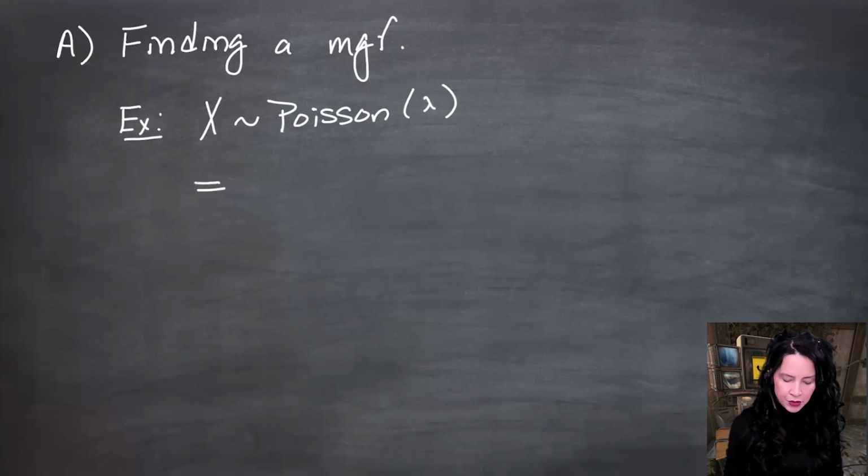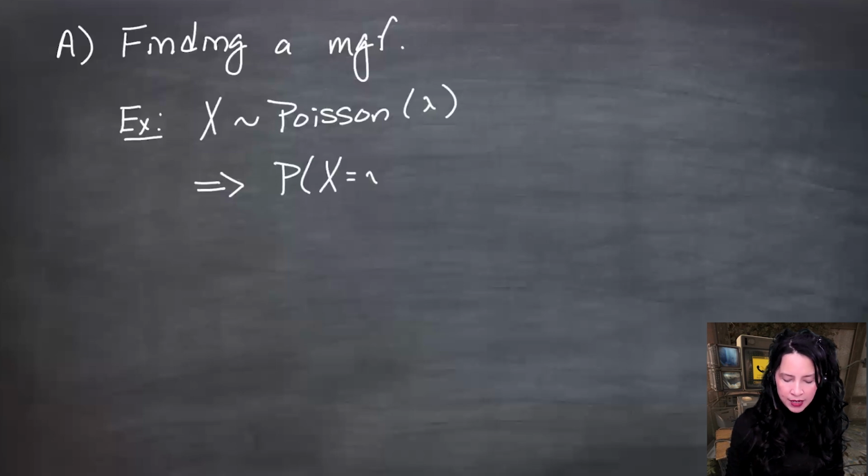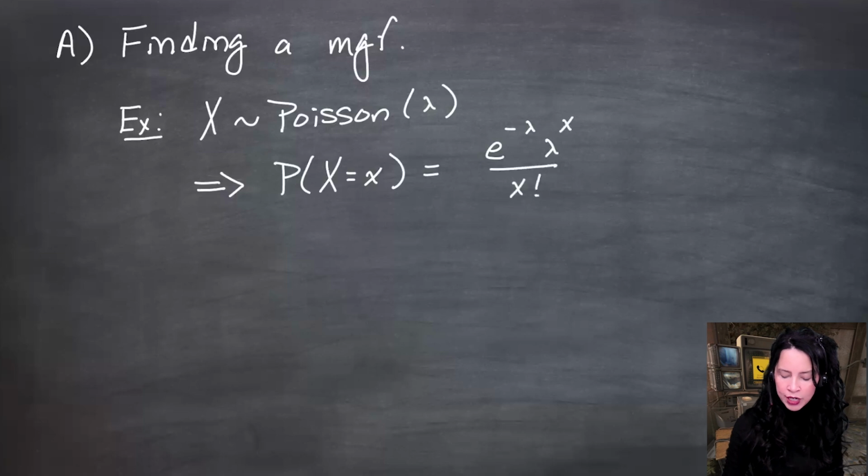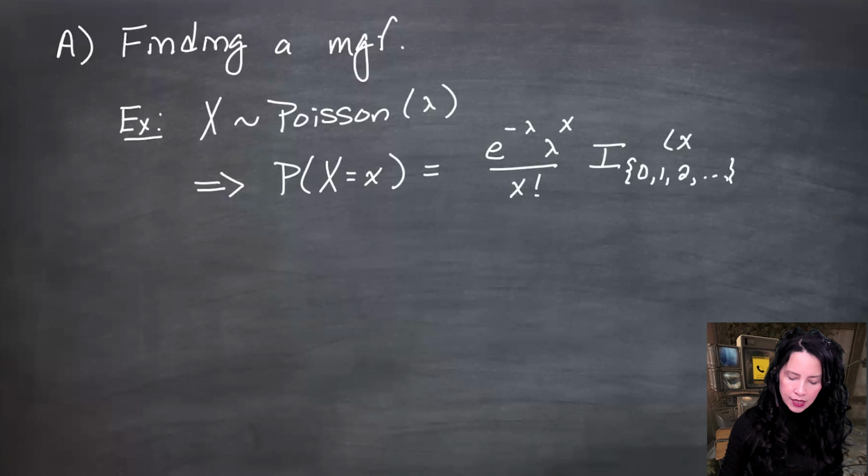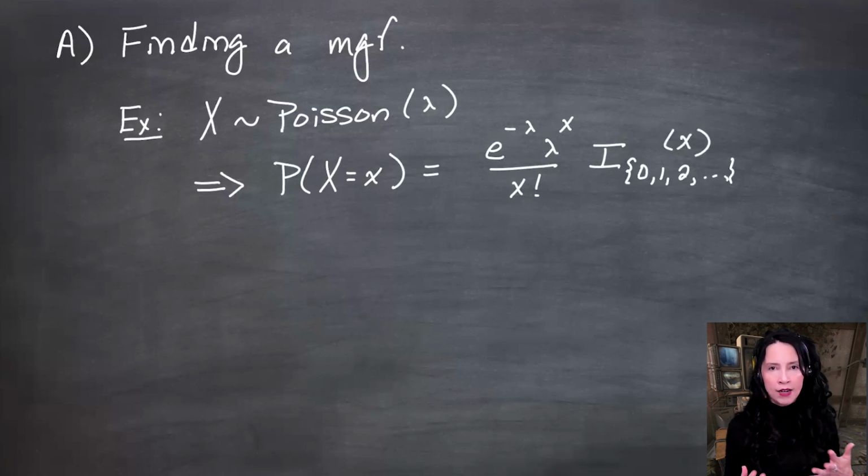This is a discrete distribution, and the probability that X equals some x is e to the minus lambda, lambda to the x over x factorial, and this lives on the discrete set 0, 1, 2 on up. So it can take on all non-negative integer values. So there's the probability mass function, or as I call it, the probability density function.